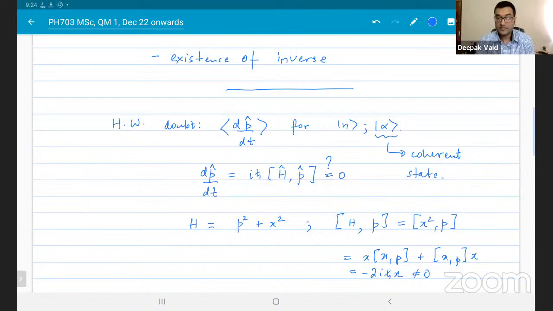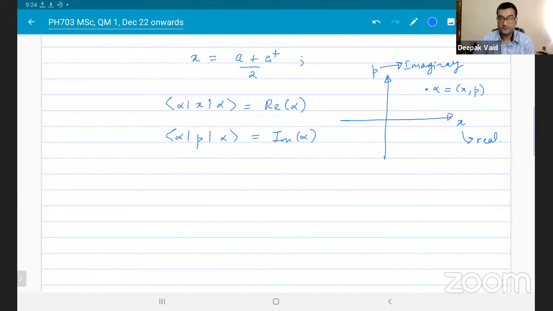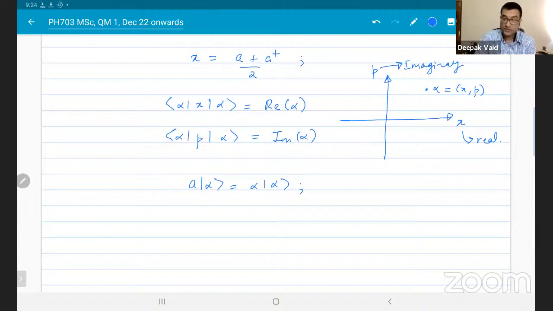Is it an eigenstate of the Hamiltonian? No, alpha is an eigenstate of a, but it's not an eigenstate of the Hamiltonian.